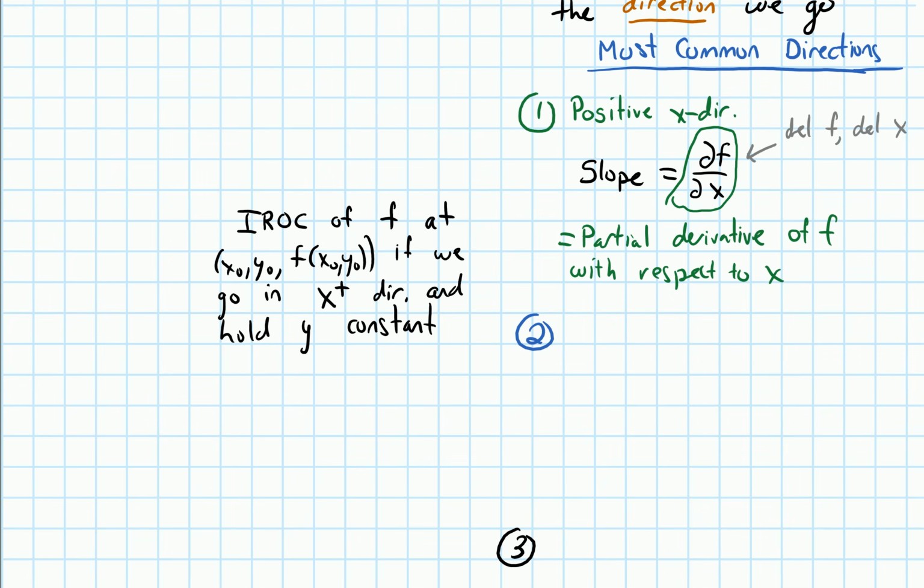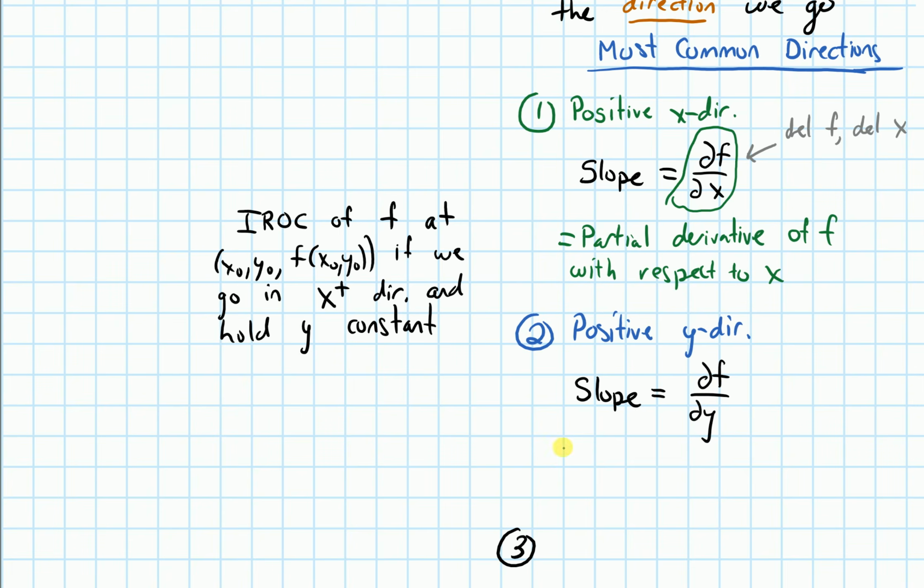We can also go in the positive y direction, and we saw that in the graph above. When we do, we notate the slope as del f, del y.